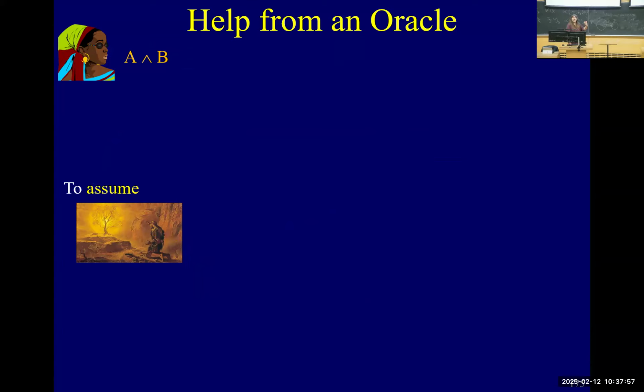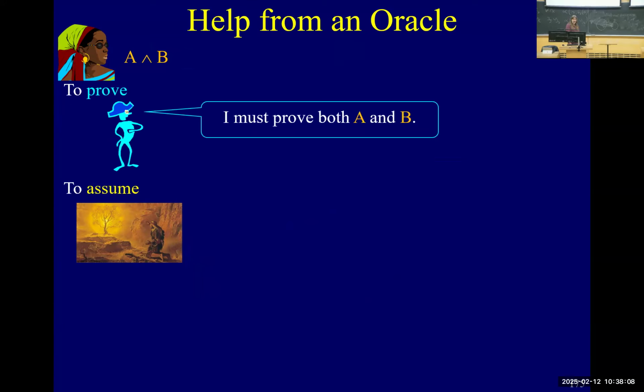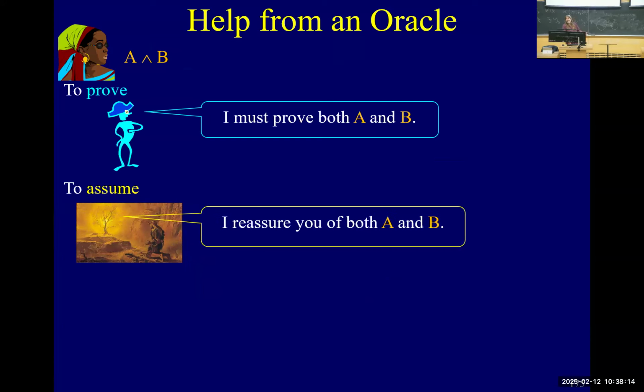And I think we did these slides already before. I threw them out earlier to give you a warm-up. If I want to prove the and, I must prove both of them, right? And if I want to assume the and, if the oracle is assuring me of the and, then she assures me of both of them.